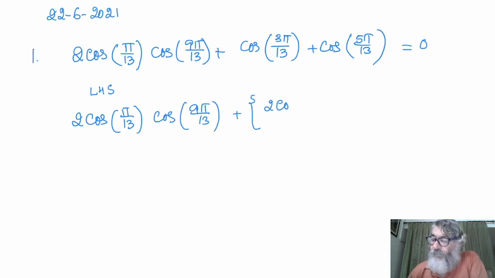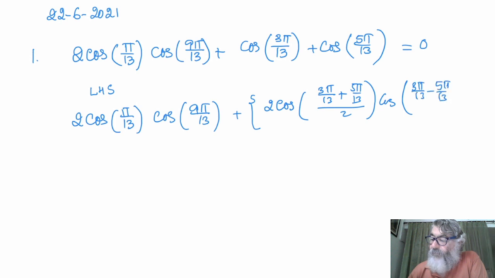So 2 cos of (3 pi upon 13 plus 5 pi upon 13) upon 2 and cos of (3 pi upon 13 minus 5 pi upon 13) upon 2.